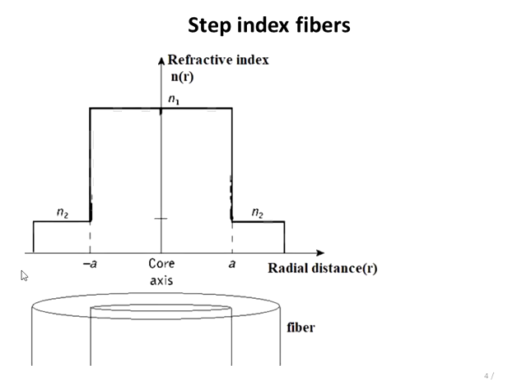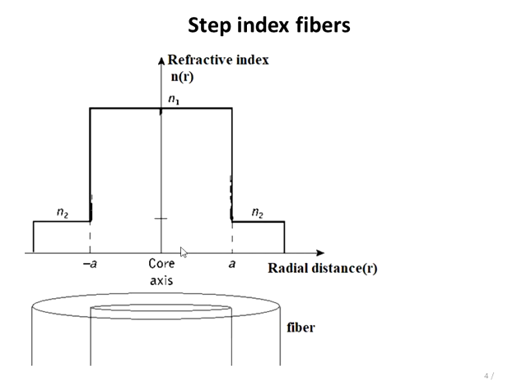The step indicates a sudden change in the refractive index from core to cladding. As given in the diagram, the fiber is shown here, and this indicates the refractive index of the fiber as a function of radial distance.